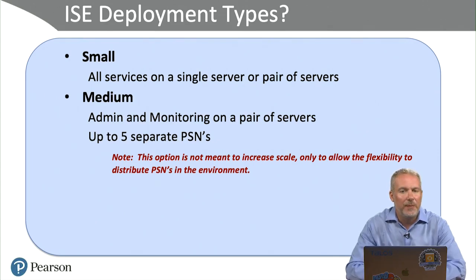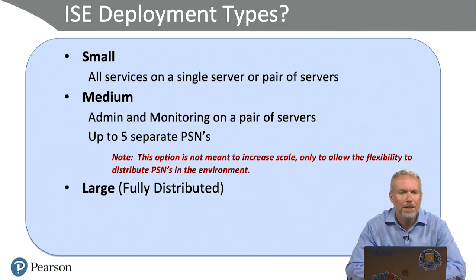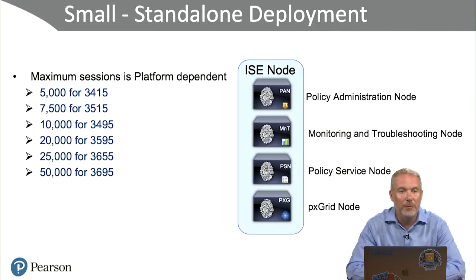This is a note that we'll talk about a little bit further, but this option isn't meant to increase scale. It only allows you to be more flexible in where you distribute those authentication servers, or the PSNs. And then large is a fully distributed deployment where I've got dedicated nodes for admin, dedicated nodes for monitoring, and dedicated nodes for policy. We'll talk about those in a little bit of detail as we move forward.